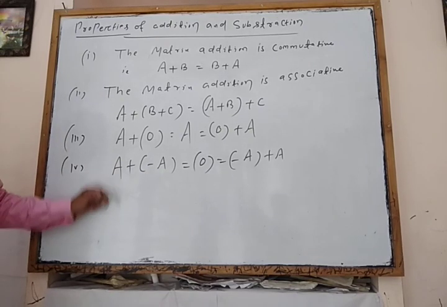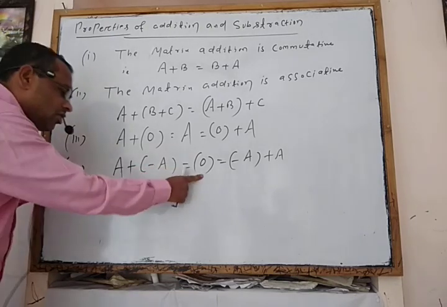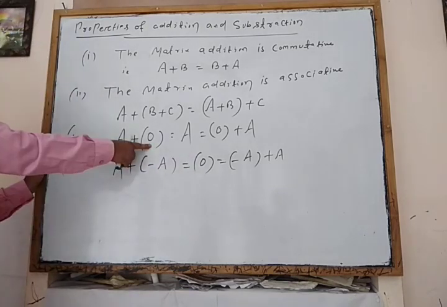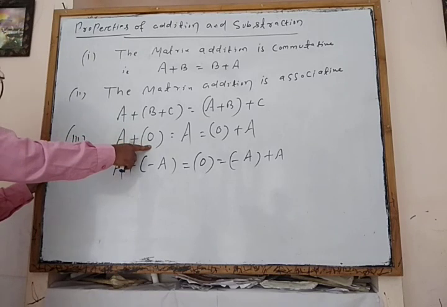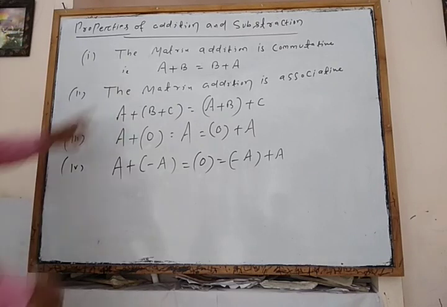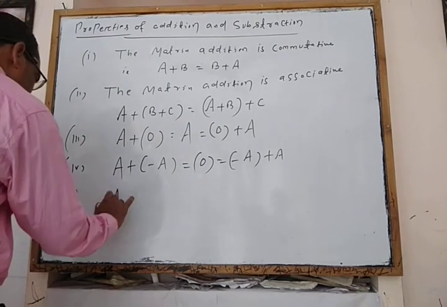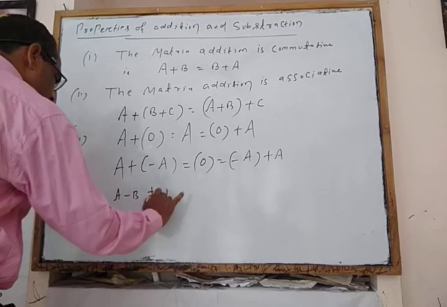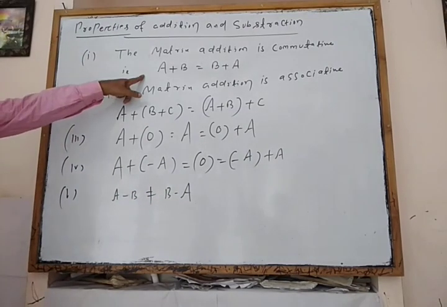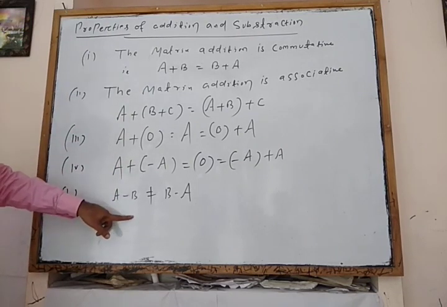Whichever matrix you add its negative matrix to, you get the zero matrix. So minus A is called the additive inverse and the zero matrix is called the additive identity matrix. But matrix subtraction is not commutative: A minus B is not equal to B minus A in general. Matrix addition is commutative, but subtraction of two matrices is not commutative.